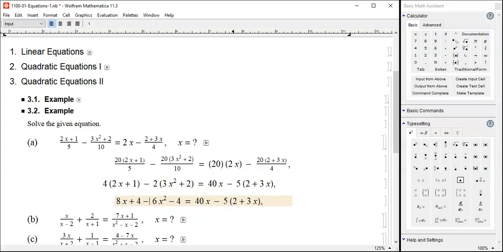All good? All right. Negative 5 times 2 is negative 10. And negative 5 times 3x, negative 15x. Did I get everything right? Please check. Stop the playback if necessary.